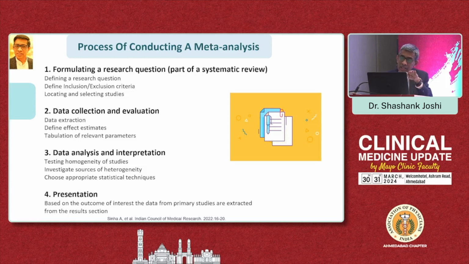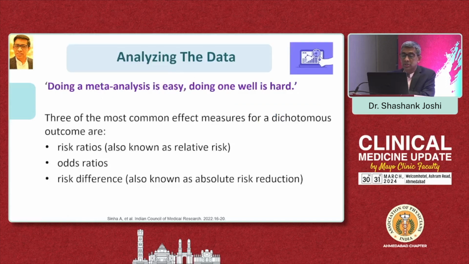So clearly, when we are conducting a meta-analysis, which is always a part of a systematic review, we need to formulate a research question, like defining a research question, defining inclusion and exclusion criteria, locating and selecting studies, extracting data, defining effect estimates, tabulation, data analysis and interpretation, testing homogeneity of studies, then investigating the sources of heterogeneity, because there's a lot of heterogeneity, and then trying to clean the data up, and then making it in a very presentable format based on the outcome of interest from the primary studies which are extracted from the results section. So doing a meta-analysis is easy, but doing it well is a hard thing.